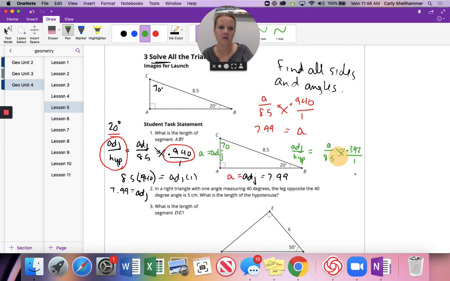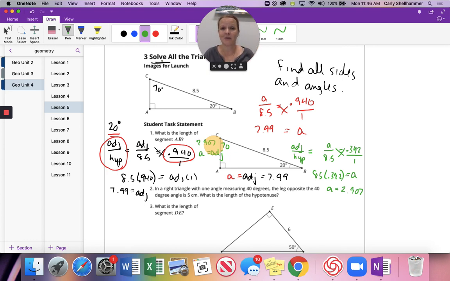I cross multiply. I get A equals 8.5 times 0.342, which is 2.907. So that's what the value of this one is. We can argue over how many decimal places you need, and that's fine.